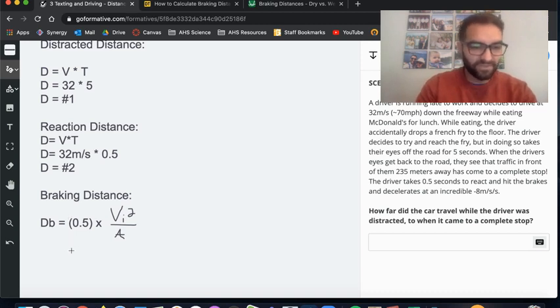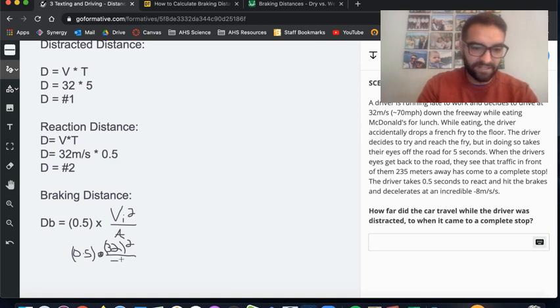Okay, so then this is really 0.5 times vi, again, 32 meters per second is our velocity, squared, divided by our rate of deceleration.